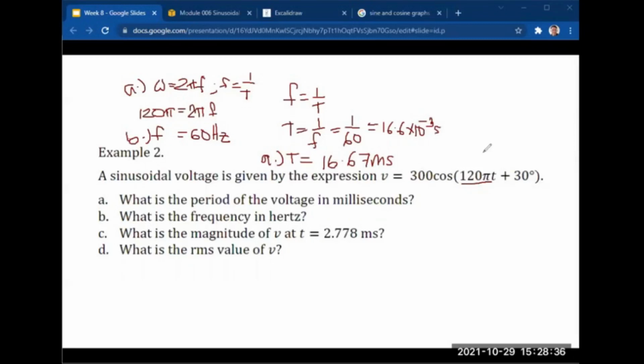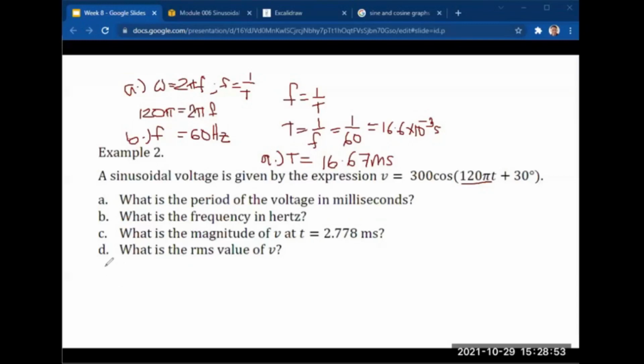Next, we have letter C. What is the magnitude of V, or the voltage, at 2.778 milliseconds?